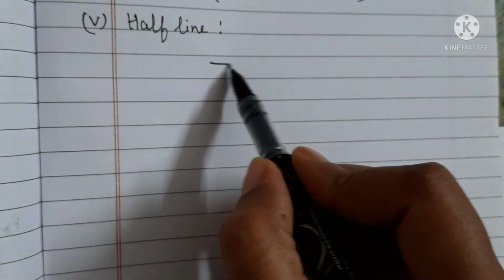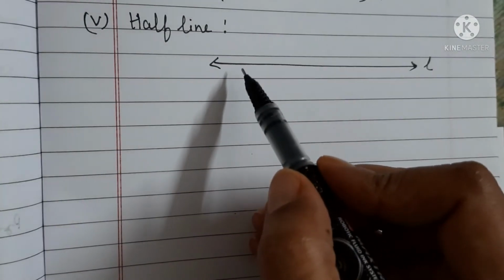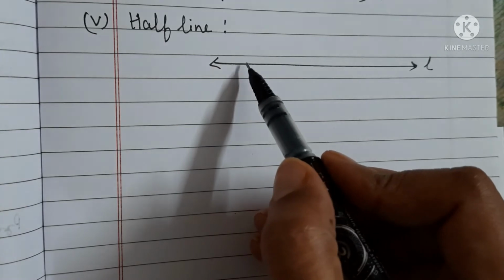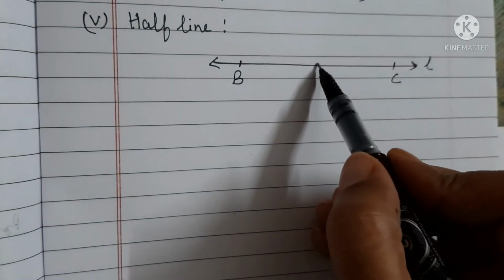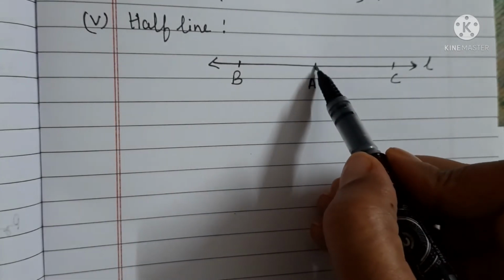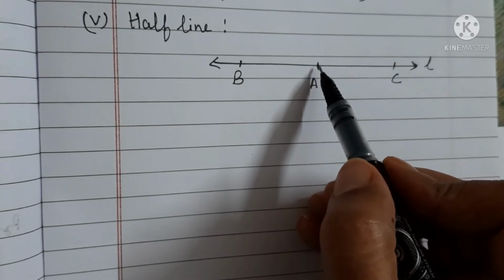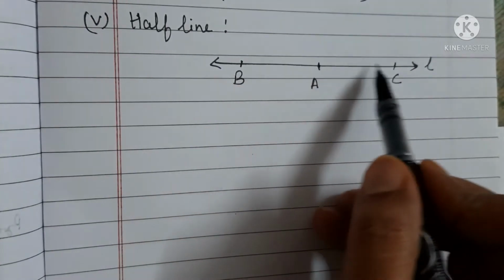Suppose this is a line L and we are taking 2 points on it, B and C, and A is mid of B and C, and we separate the parts in two halves.